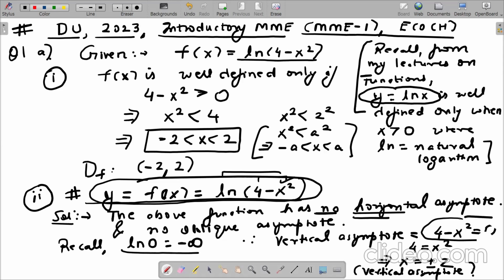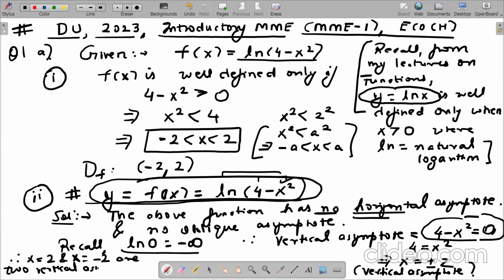When I solve this, I get x as plus minus 2. So x equal to 2 and x equal to minus 2 are the two vertical asymptotes.